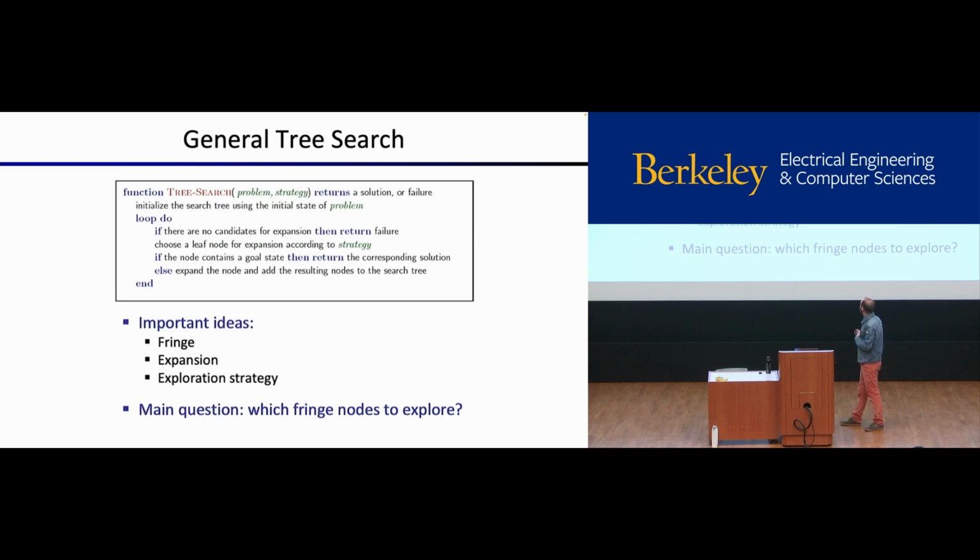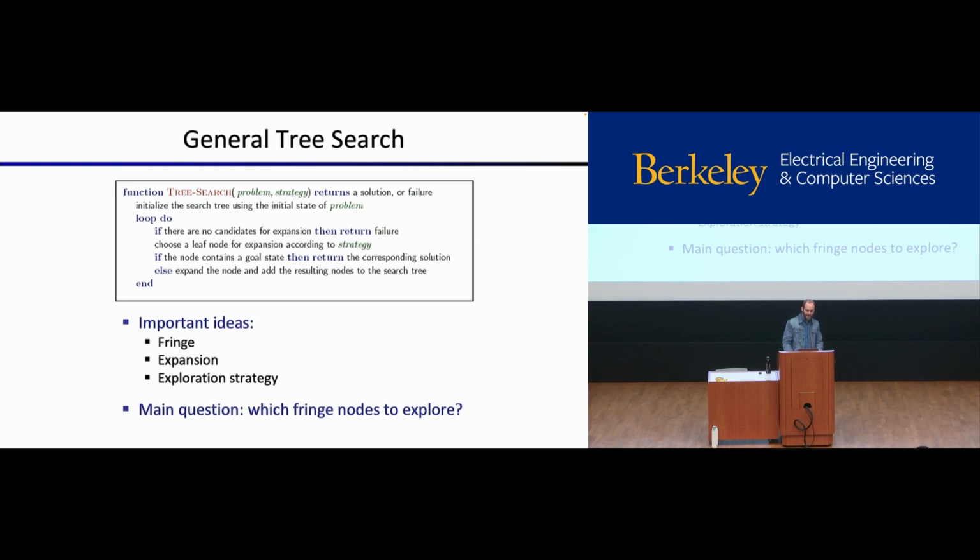Otherwise, we choose a leaf node candidate for expansion according to some strategy. These are the nodes on the fringe. If the node is a goal state, then we are done and we return it. Otherwise, we expand the node and add the resulting nodes to the search tree. So we'll get into an example of this soon.